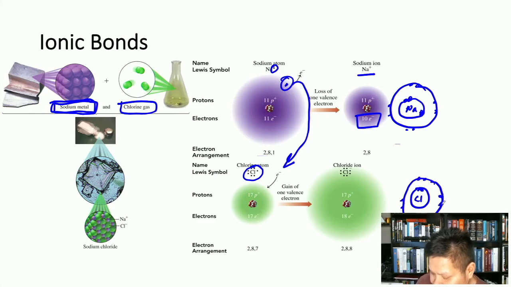That makes 10 electrons, but since it got an electron transferred over from sodium, instead of having 17 electrons, it actually has 18 electrons now. So that's 10 total so far, and now chlorine has its 8 in its outer shell.